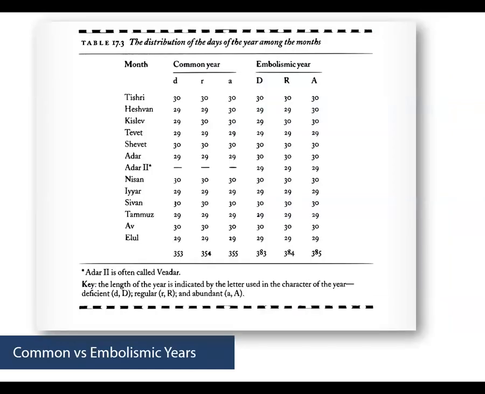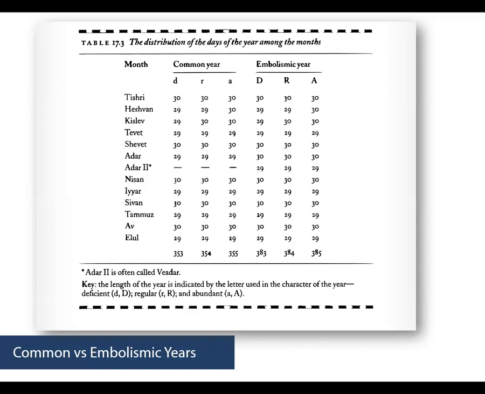Now, this table here was taken from E.G. Richards' Mapping Time, the Calendar and Its History. I'll talk about that in a little bit, but again, you can see here the distribution of the days through a common year. That would be the years that do not have the 13 months, and then the embolismic years where you do have your extra month.